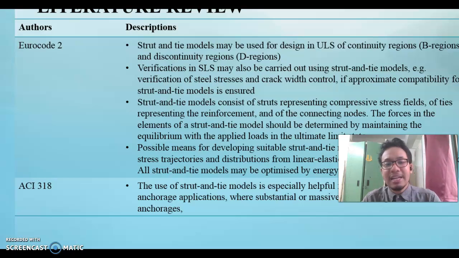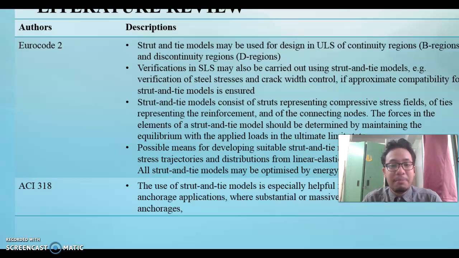Strut and tie models consist of struts representing the compressive stress field, of ties representing the reinforcement, and of the connecting nodes. The forces in the elements of a strut and tie model should be determined by maintaining equilibrium with the applied loads in the ultimate limit state.